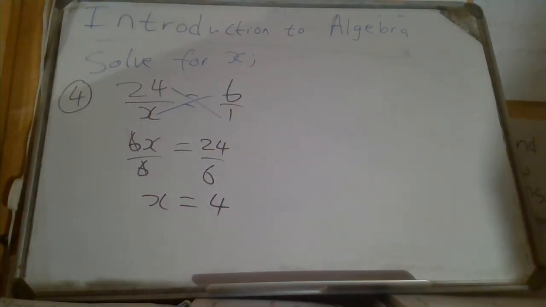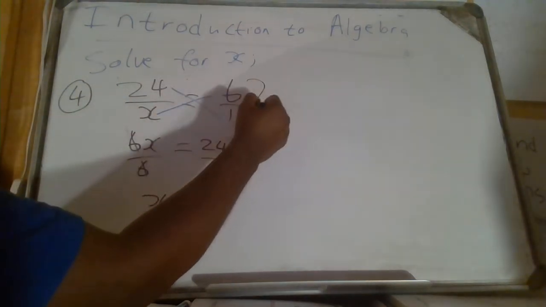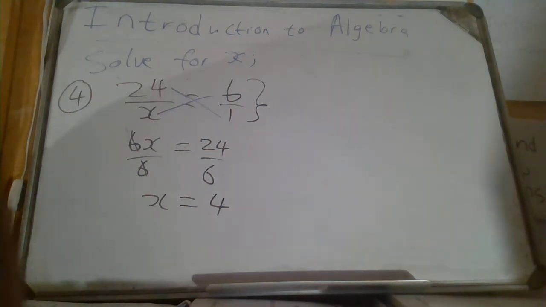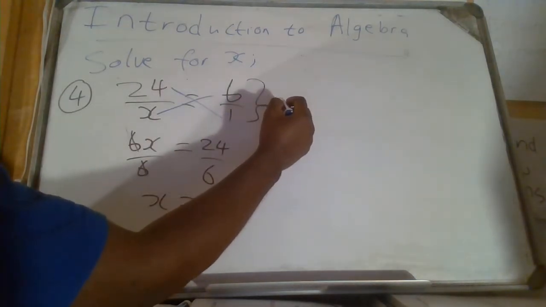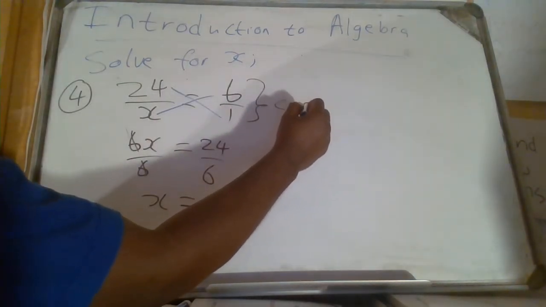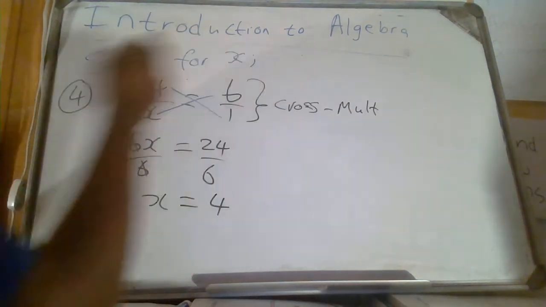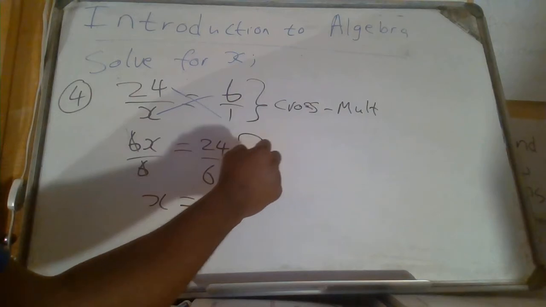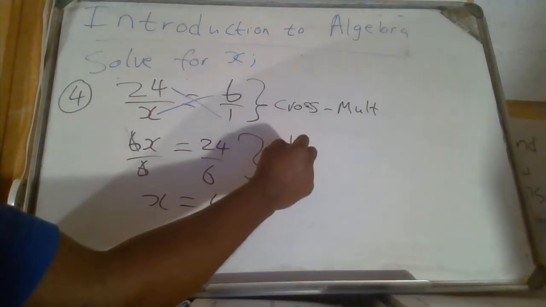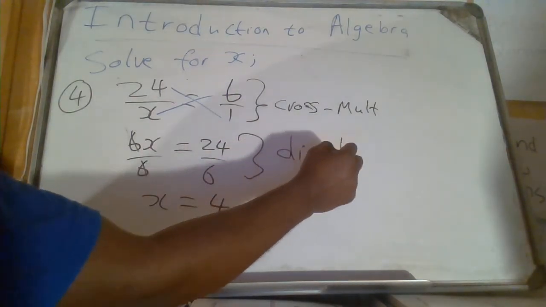You can pause this video and then test it just so that you can see if you are running things in the right direction. But ladies and gentlemen, personalities, I want you to notice that in these steps, here I cross multiplied, right? But it wasn't all. And then the next step, what did I do? I divided. Okay.